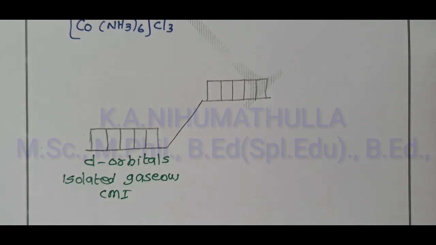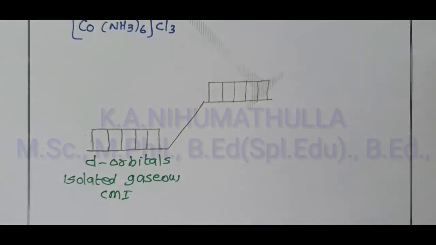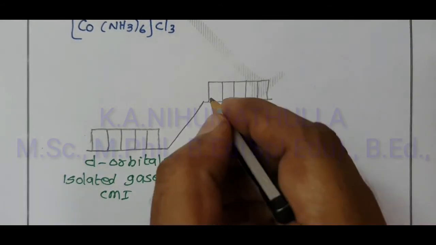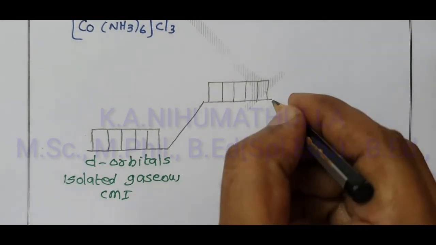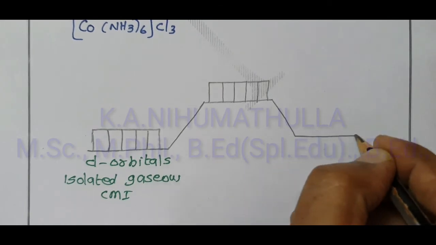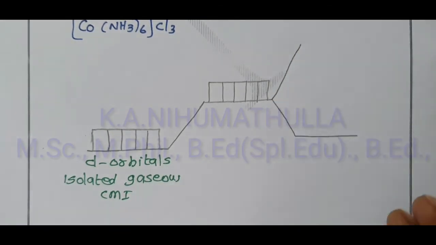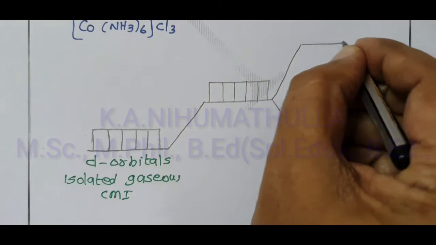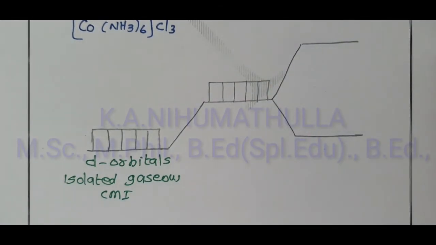When the ligand approaches further to the central metal ion, splitting of the 5 d orbitals takes place. Due to splitting, the 5 orbitals split up into 2 levels. One is a lower level, another one is a higher energy level.